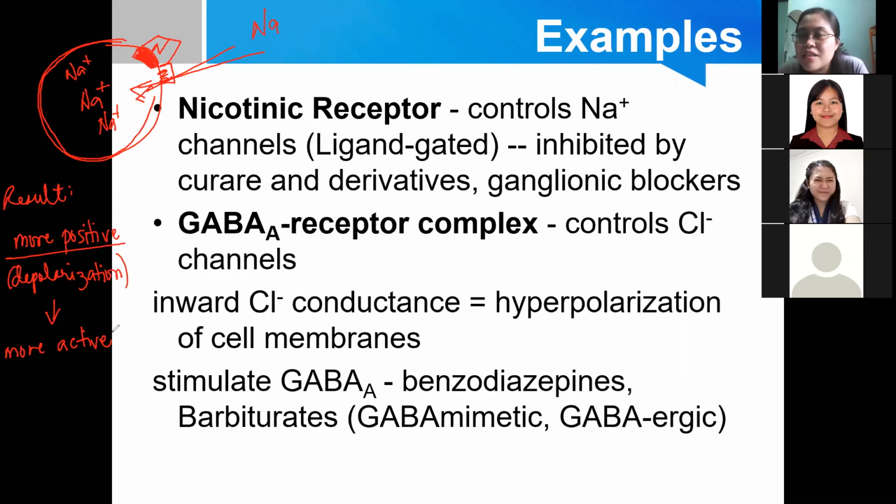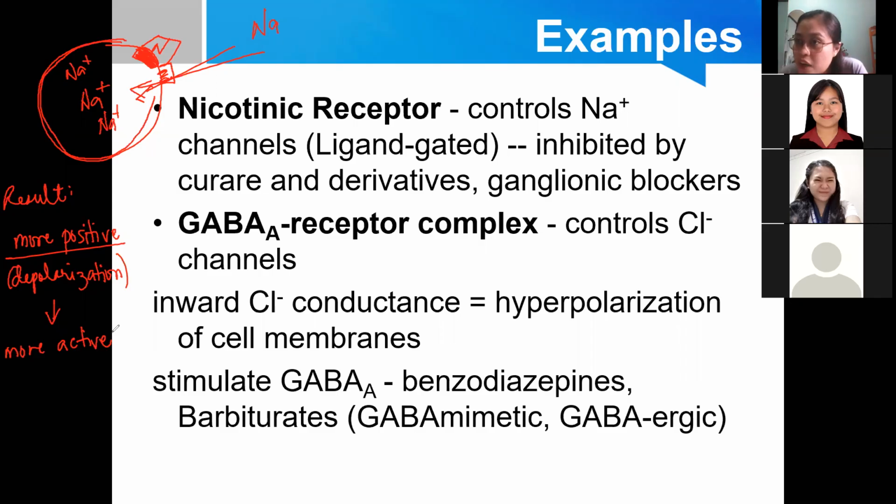So, pag nagasmoke ka and then nicotine, magiging stimulant siya of the CNS because the inside of the cell will become more positive and it will become more active. Nakuha or naay pangutana?